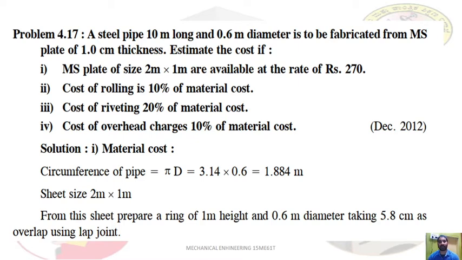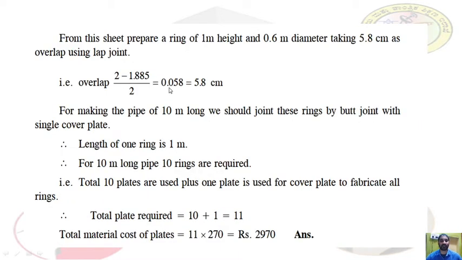We have to prepare 10 meter long, that we will take as height, and this we will take as length. So the length of the sheet required, if you develop 0.6 meter diameter, is 1.884, but the sheet available is 2 meter. So we got extra 0.058 meters of material. This extra material is used for making the grooves for joints, the overlapping joints.